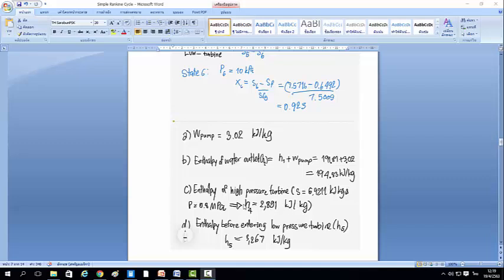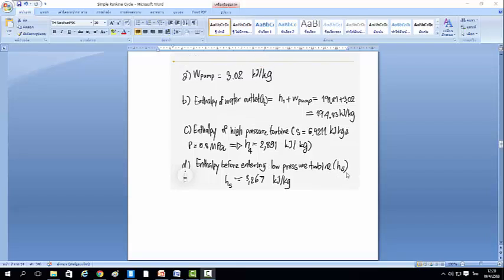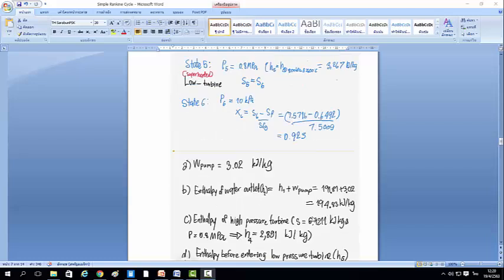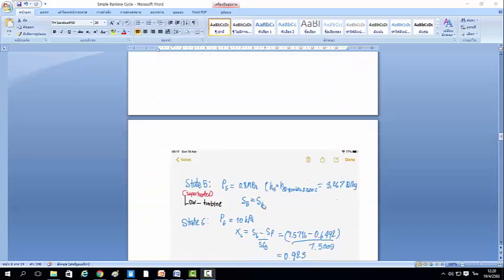You can open the table and compare with entropy 6.9 and pressure 0.8 megapascal. The entropy before entering the low pressure turbine, or H5, you can find from the table.